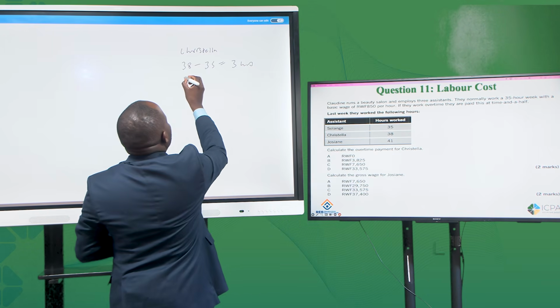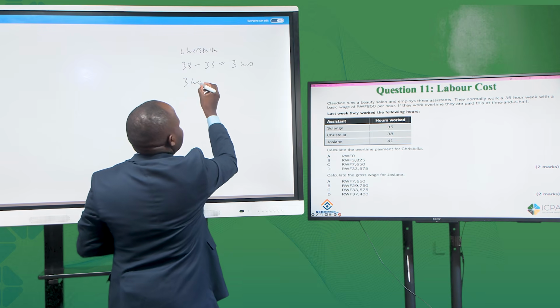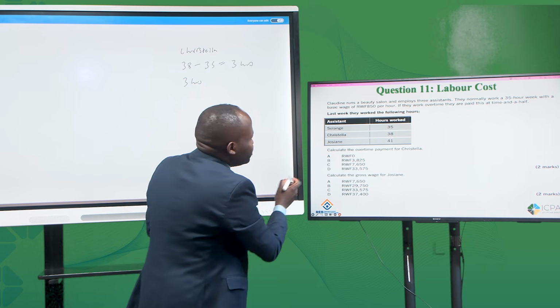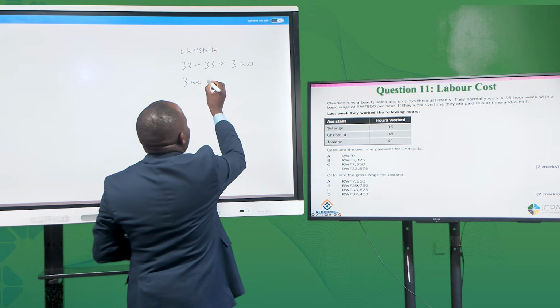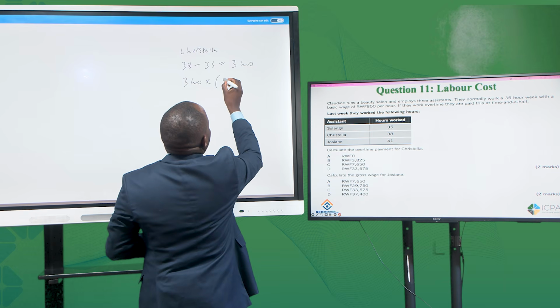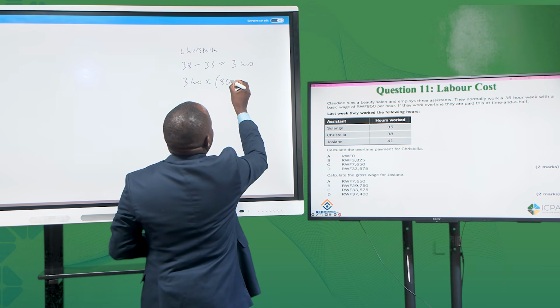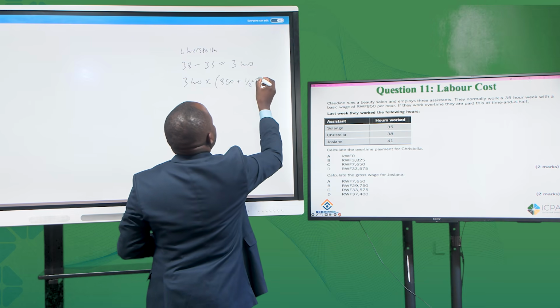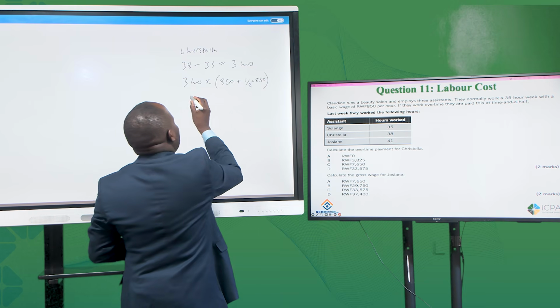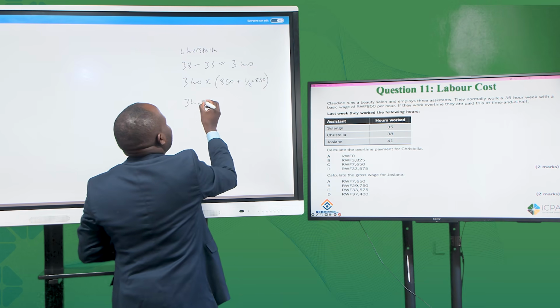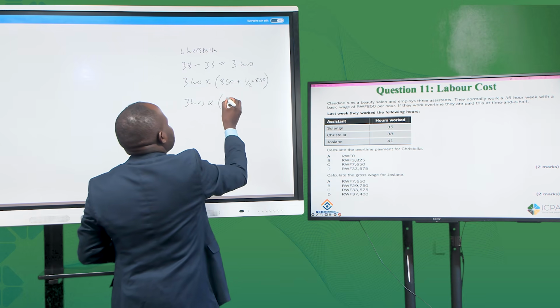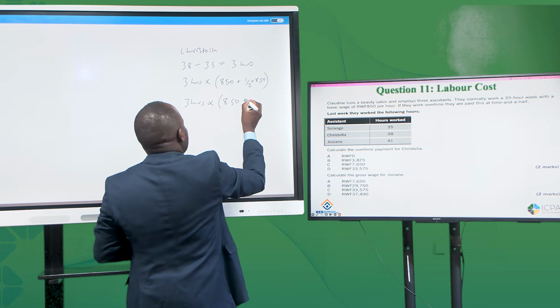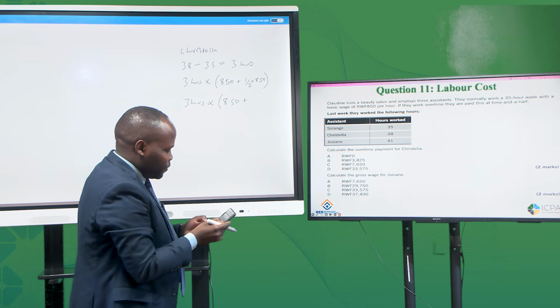So you will take 3 hours and you are being asked what is the overtime. You multiply by 850 plus a half of 850. So that is 3 hours times 850 plus, what is a half of 850?